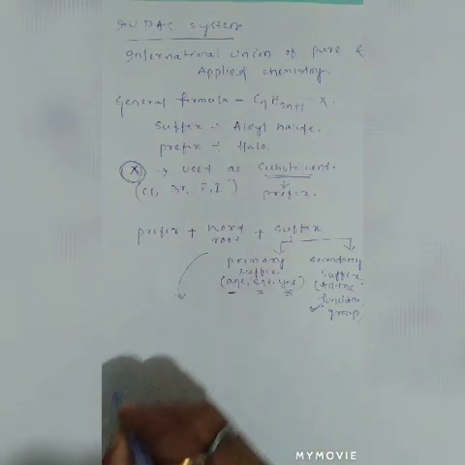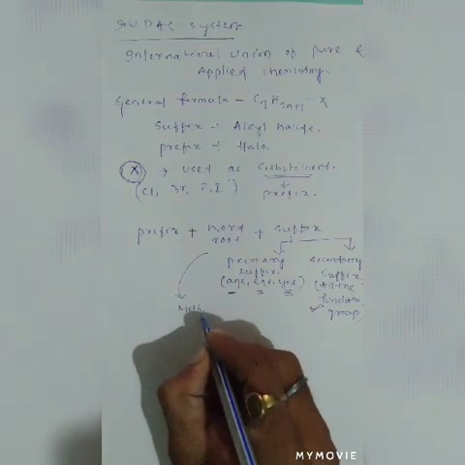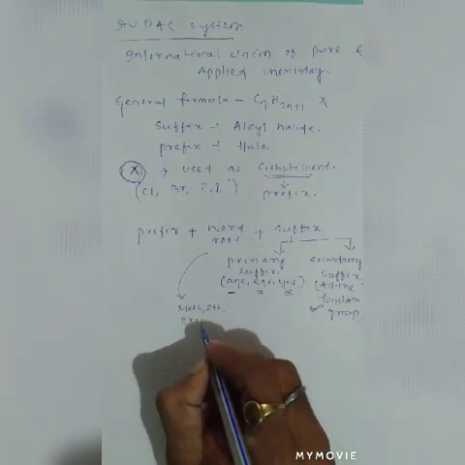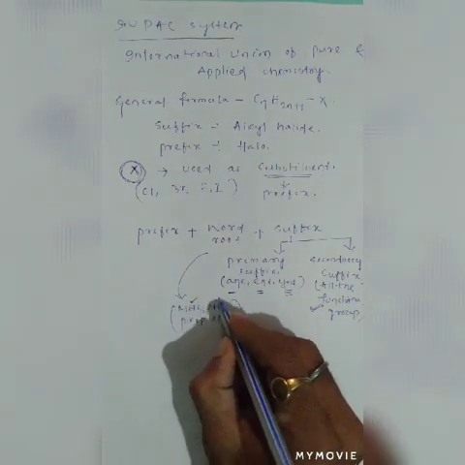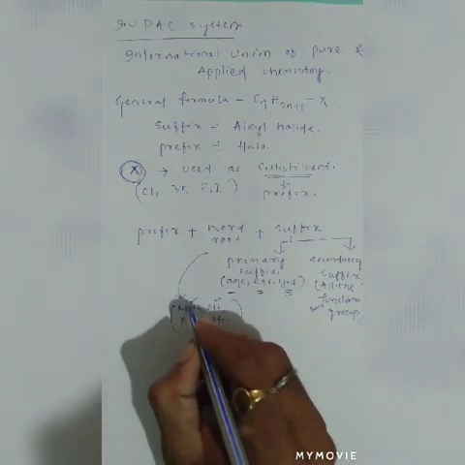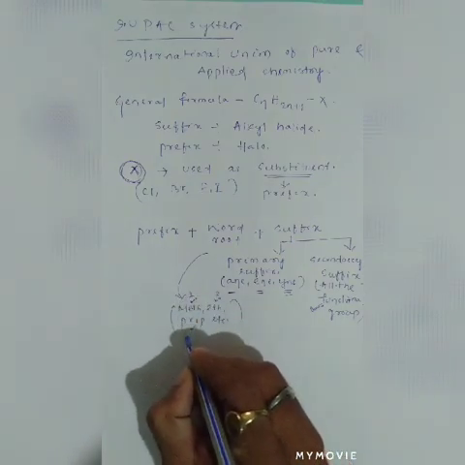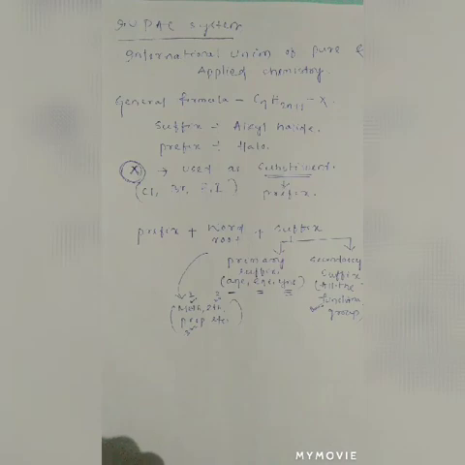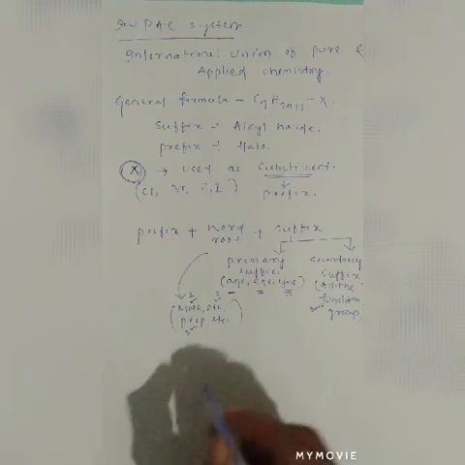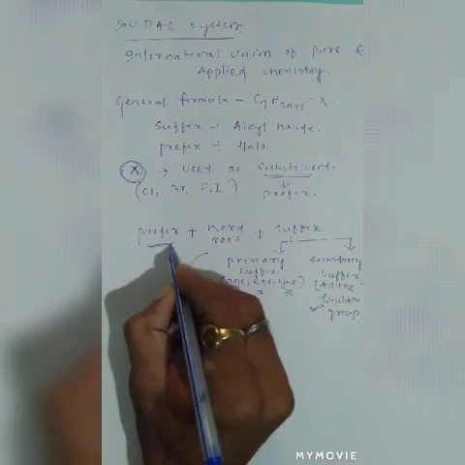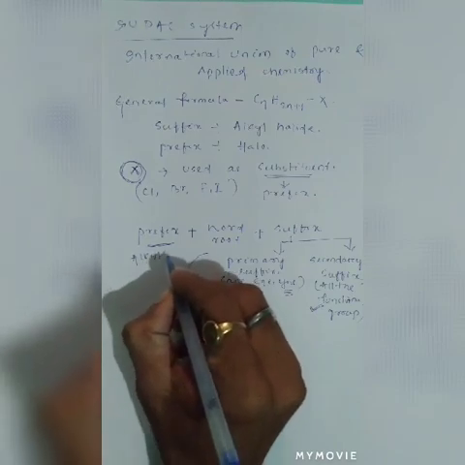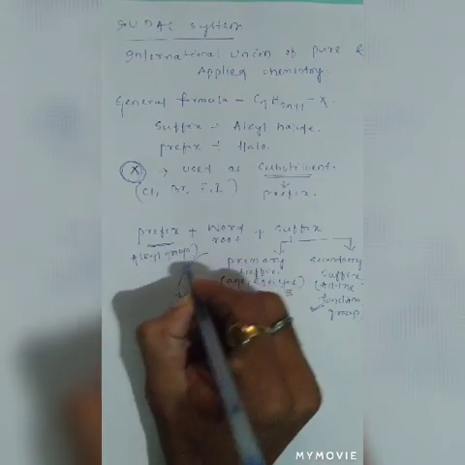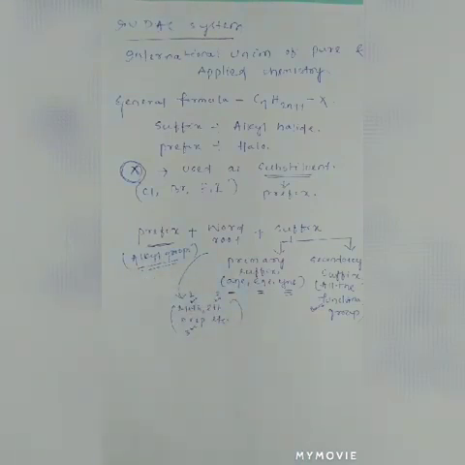All of you know the word roots: meth, eth, prop, and so on, based on the carbon atoms. If one carbon atom, that is meth; two carbon atoms, eth; three, prop; four, but; and five, pent. The prefix is used before the word root; alkyl groups are always used as the prefix.